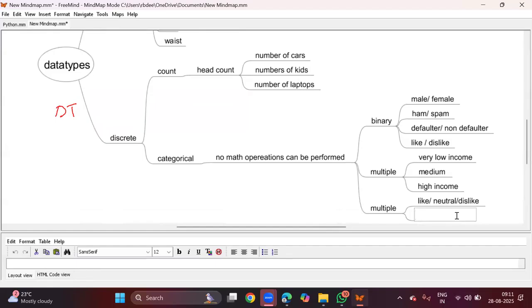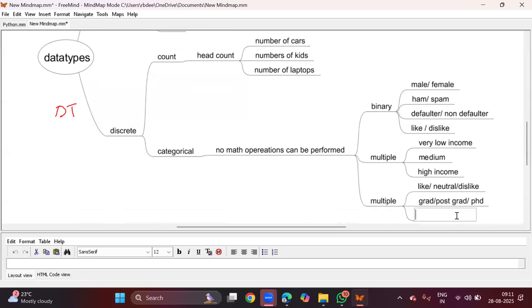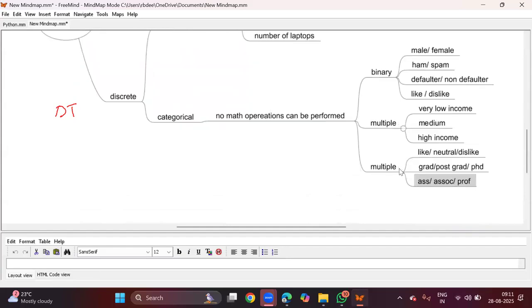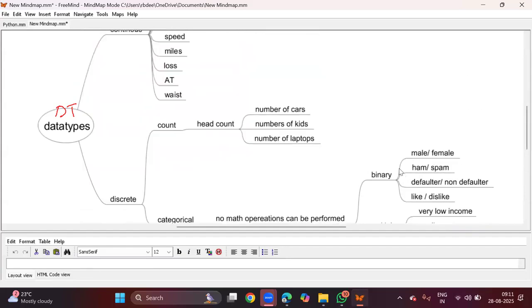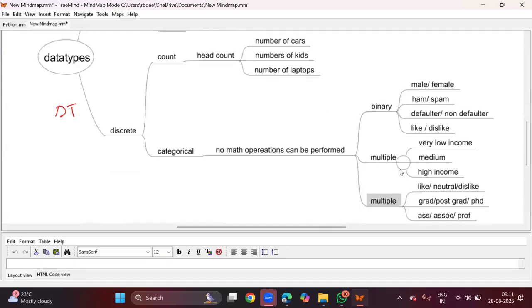Or I can say how many people have done graduation, how many have done post graduation, how many have done PhDs, right? Assistant professor, associate professor, professor. Are we not categories? Multiple categories? Yeah, both of you.